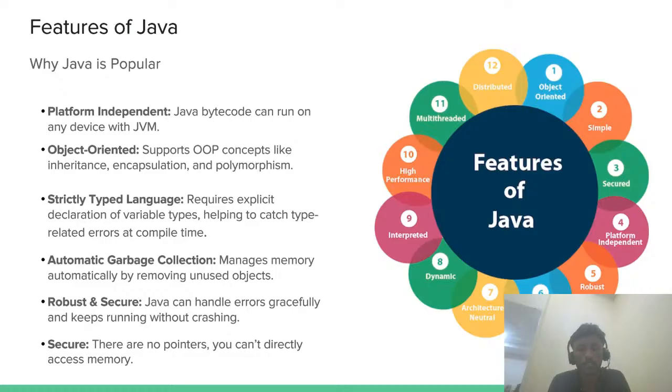It is also a strictly typed language, which requires declaration of variable types and helps catch type-related errors at compile time. Java does not allow random type changes.